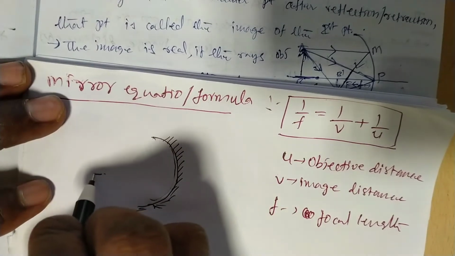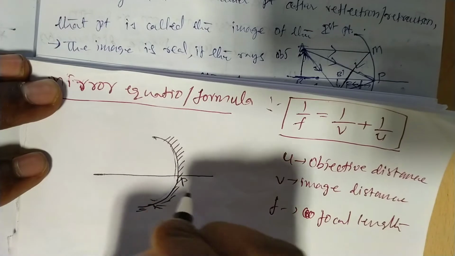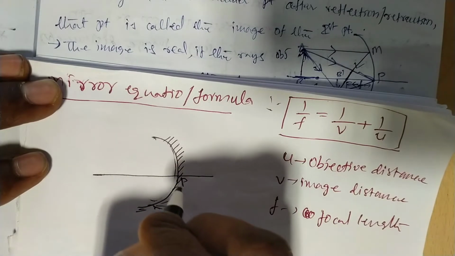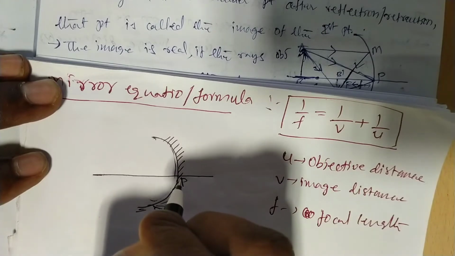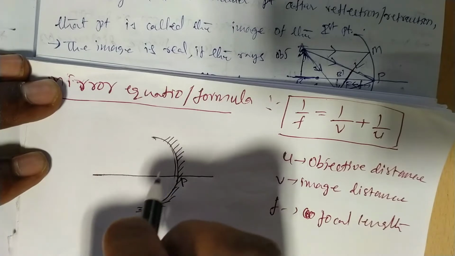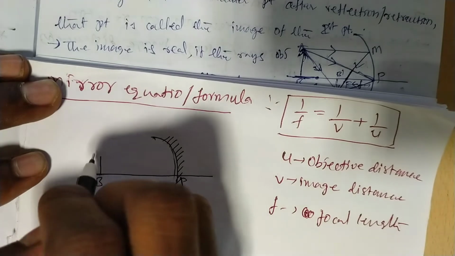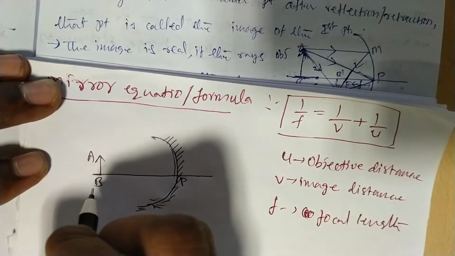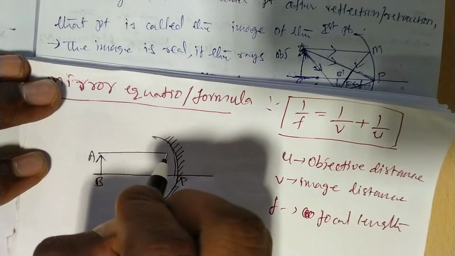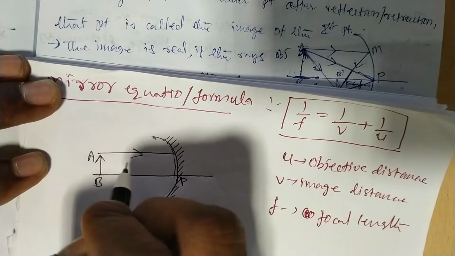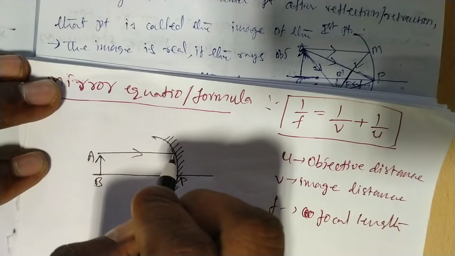One principal axis passes through the center, that is the pole of the spherical mirror, that is P. AB is the object. It can emit a light ray, an incident ray, that is a ray of light falls on the mirror and is reflected.